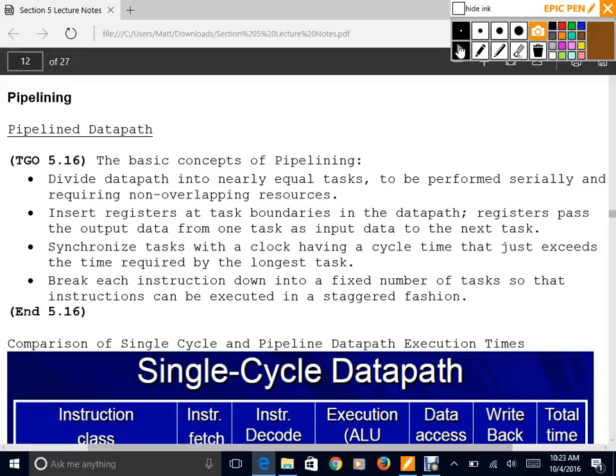So pipelining is we're trying to make it go faster and faster. So what we're going to do is try to have one stage of an instruction in each stage of the data path. So we're going to get even more advanced digital systems here.